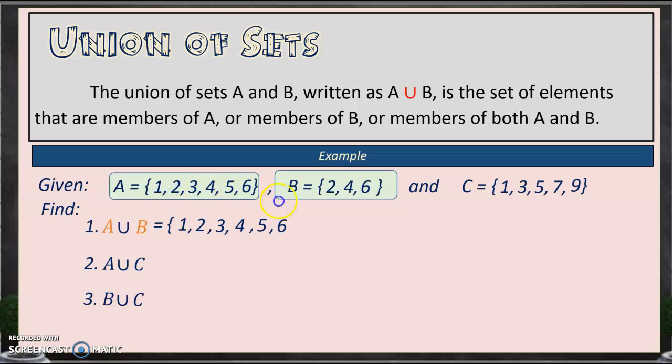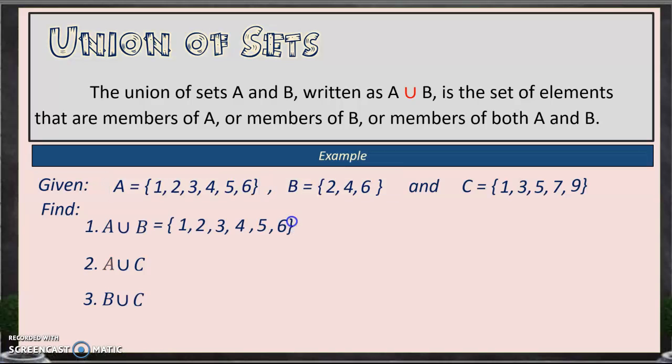Then you will also list all the elements of set B. 2, we already have 2, and 4, and 6. So the answer is A union B is 1, 2, 3, 4, 5, 6.